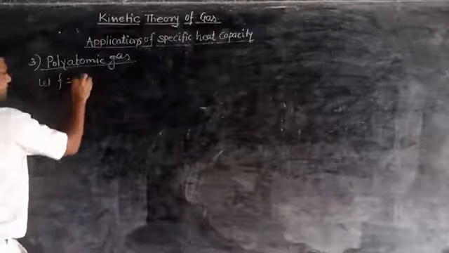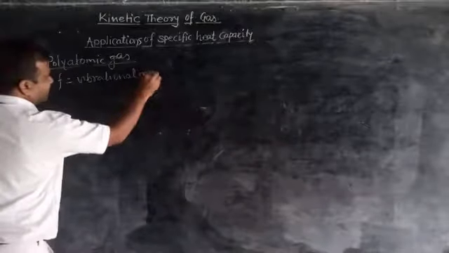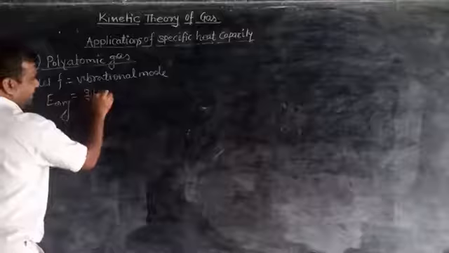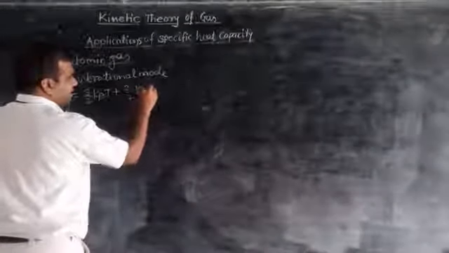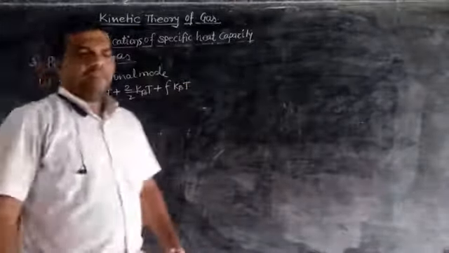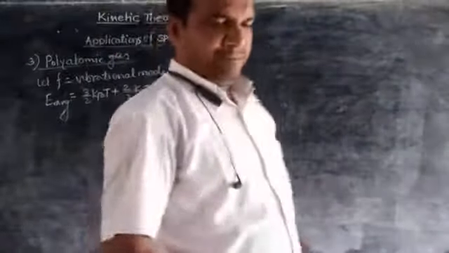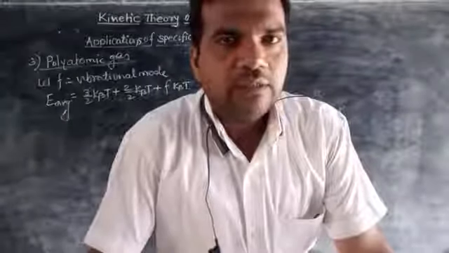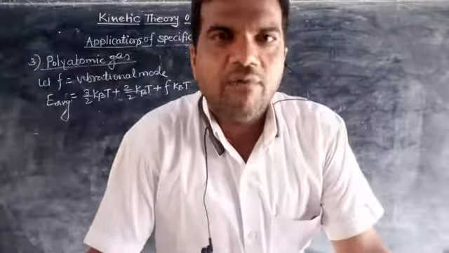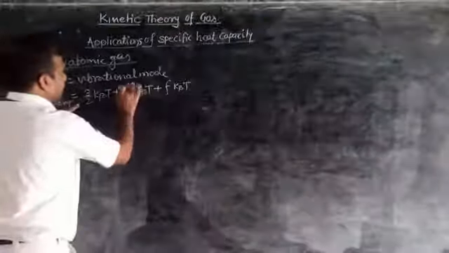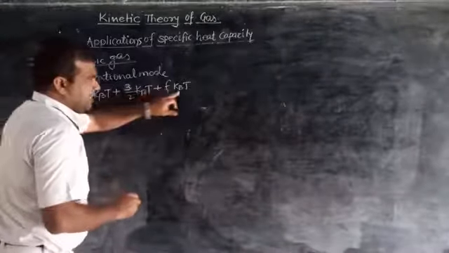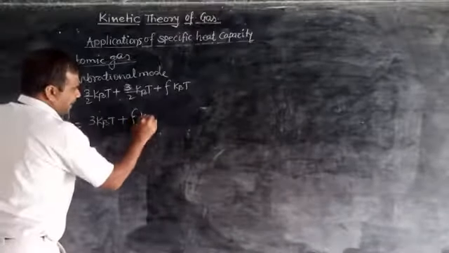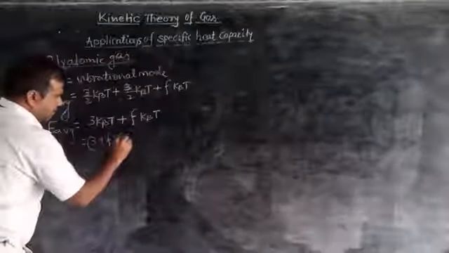So let F be the vibrational modes, and therefore the average energy is 3 by 2 k beta T plus 2 by 2 k beta T plus F k beta T. More precisely, a polyatomic gas has 3 translational degrees of freedom, 3 rotational degrees of freedom, and F vibrational modes, and therefore this can be written as 3 by 2 k beta T plus 3 by 2 k beta T plus F k beta T, and therefore E average is equal to 3 k beta T plus F k beta T. Therefore this can be written as (3 plus F) k beta T.